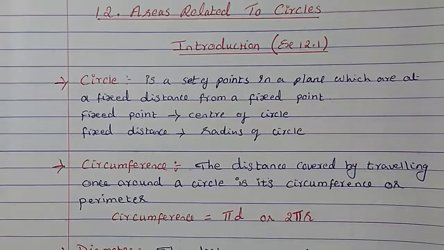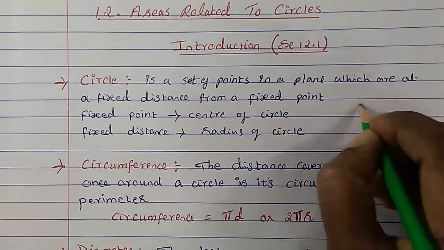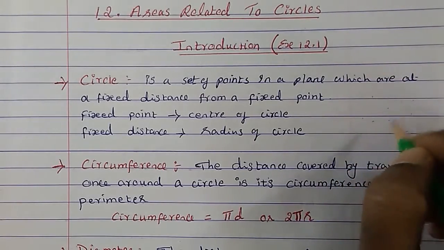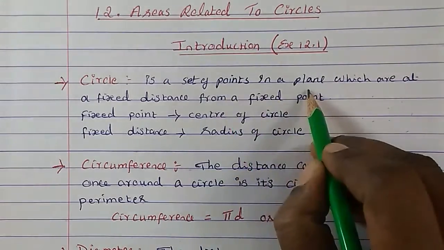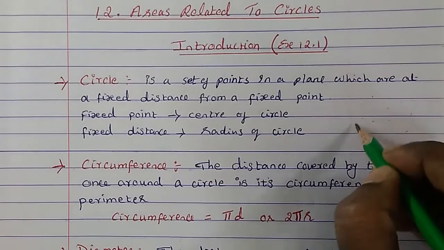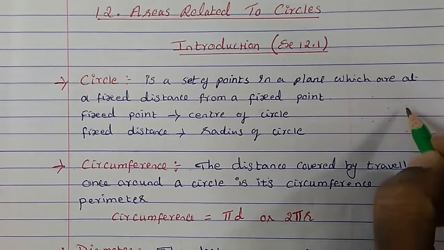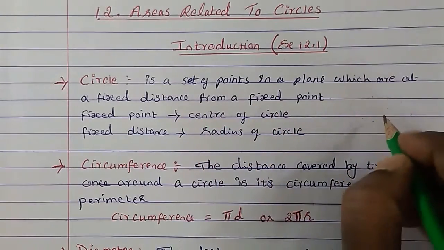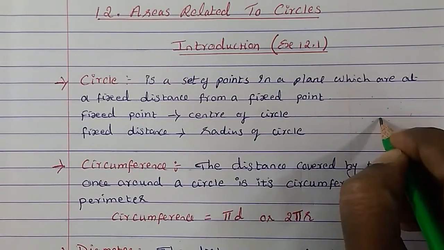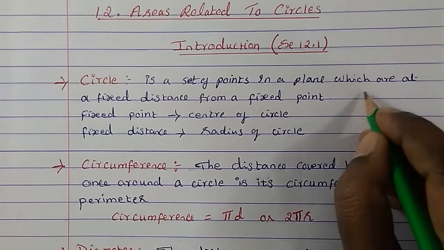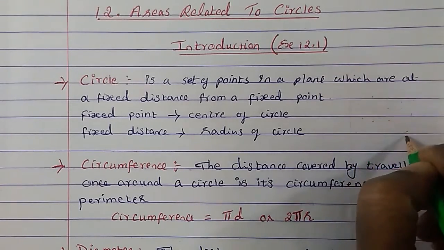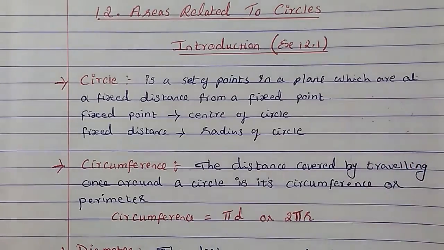For example, on a plane there are a lot of points everywhere, so it's a set of points in a plane. We collect the set of points at a fixed distance from the fixed point, and together when we draw them, we get a circle.